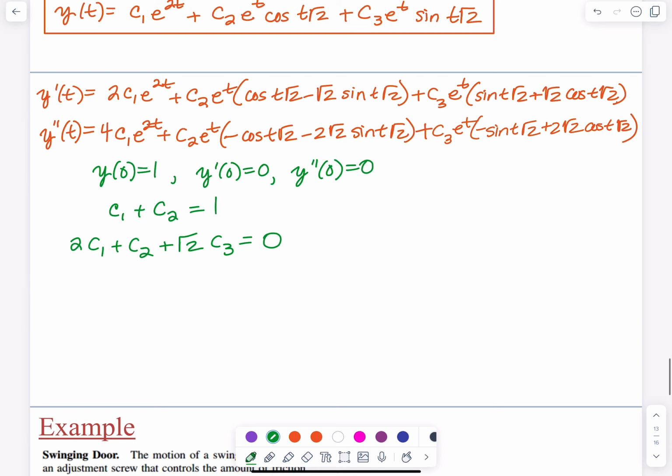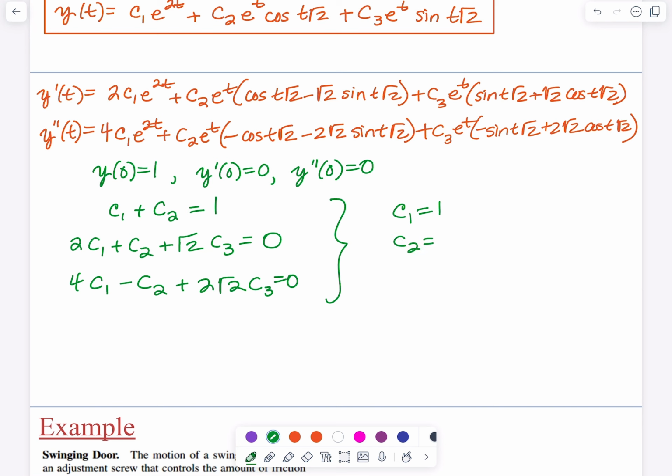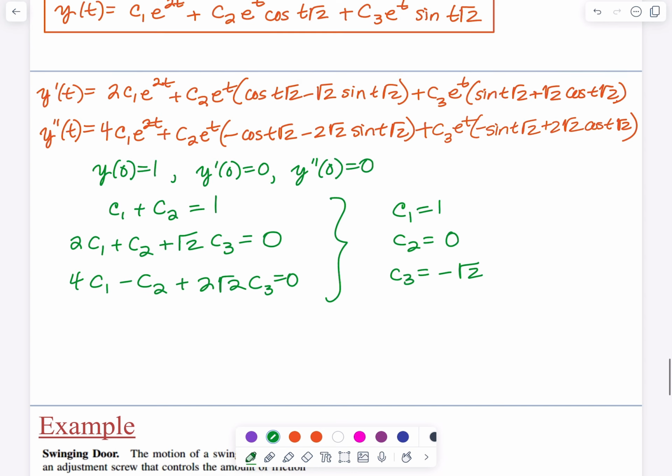Now let's use the second derivative: c1 minus c2 plus 2 root 2 c3 is equal to 0. Putting that together, we have c1 equals 1, c2 equals 0, and c3 equals the opposite of root 2.